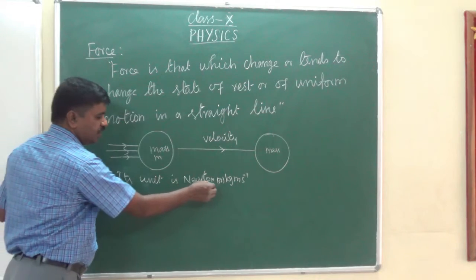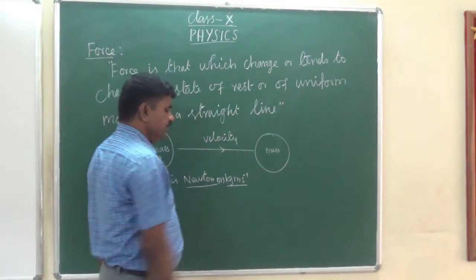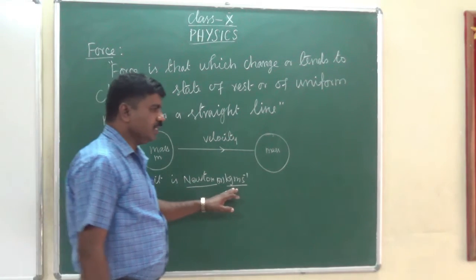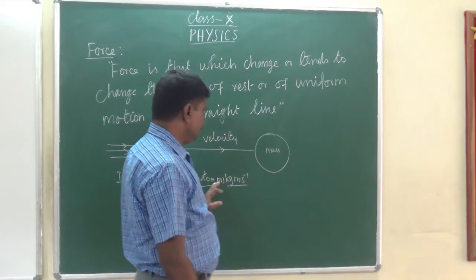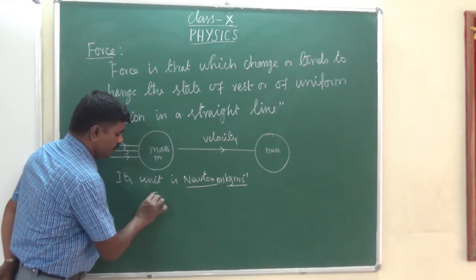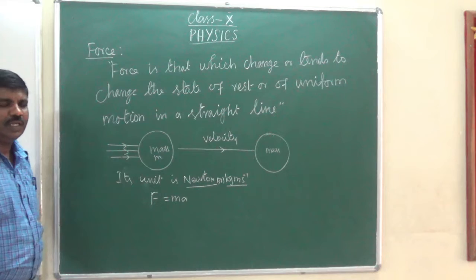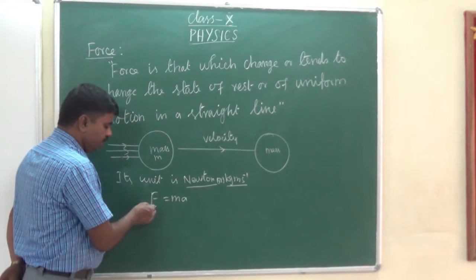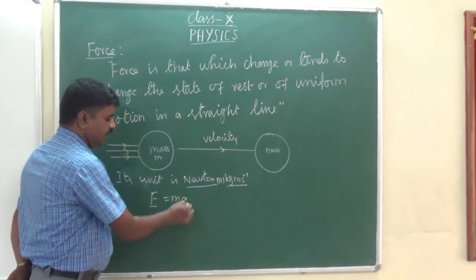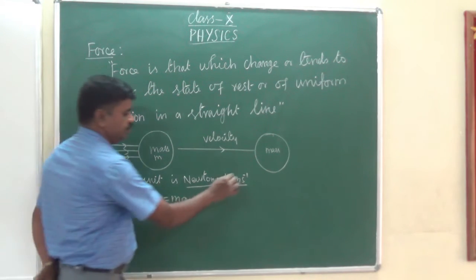The SI unit of force is Newton, or otherwise kg m s power minus 2. How can we know that this kg m s power minus 2 is for Newton or for force? We know the formula for force, that is F equal to ma. Here F is the force, m is the mass, and a is acceleration.